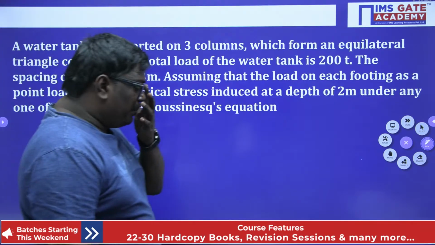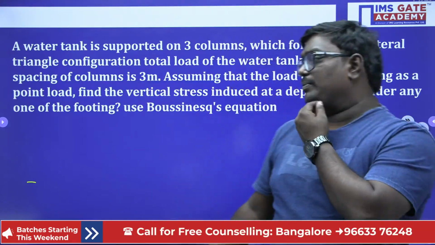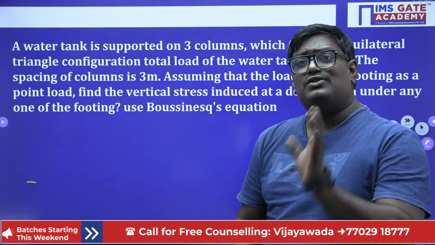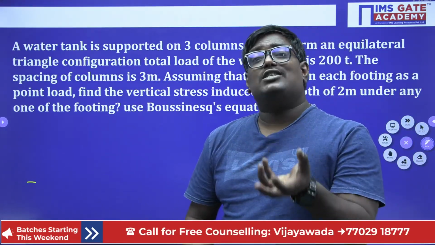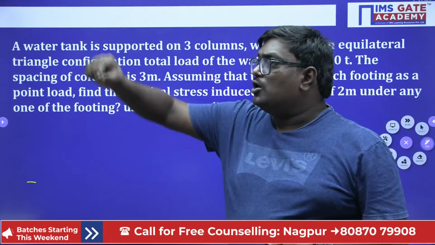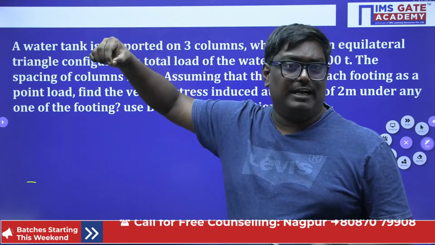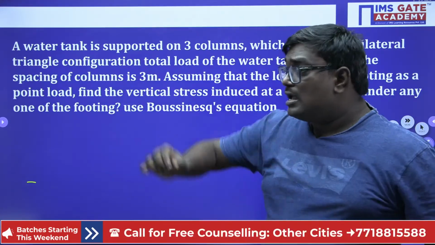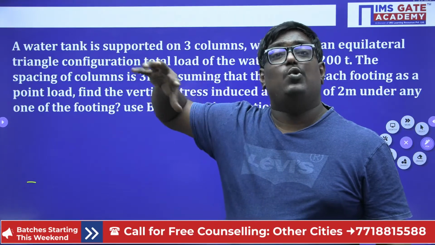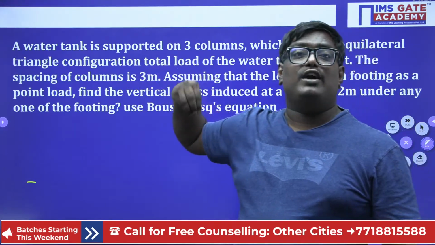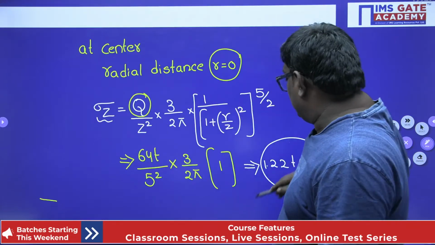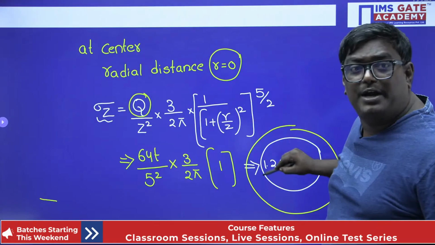So here we have a beautiful problem. This is also one of the beautiful problems. See students, the agenda of stress distribution is that you want to find out the stresses at particular points. We are not worried about the stress trajectories. At a particular point, how is the stress going to distribute, at a radial distance R. What we observed in the previous question is that at the center the value was 1.22.